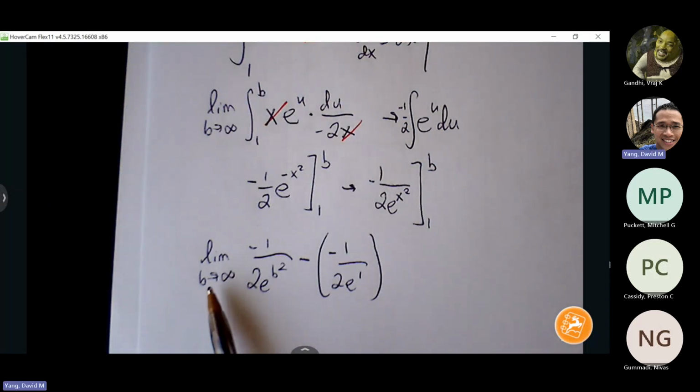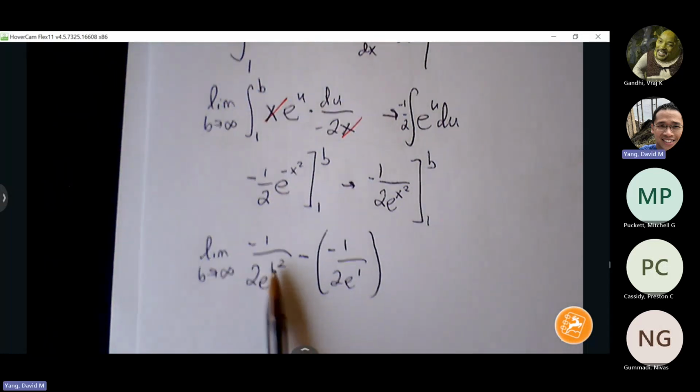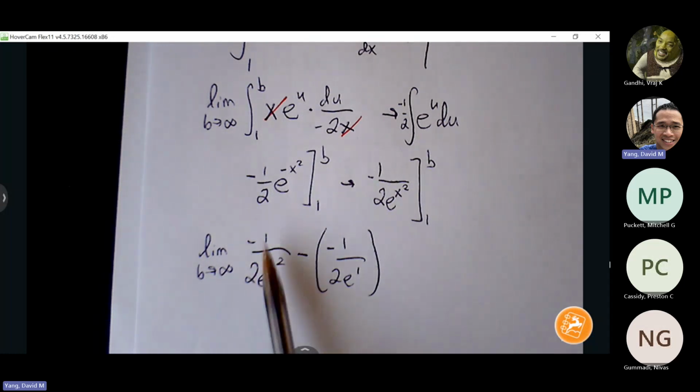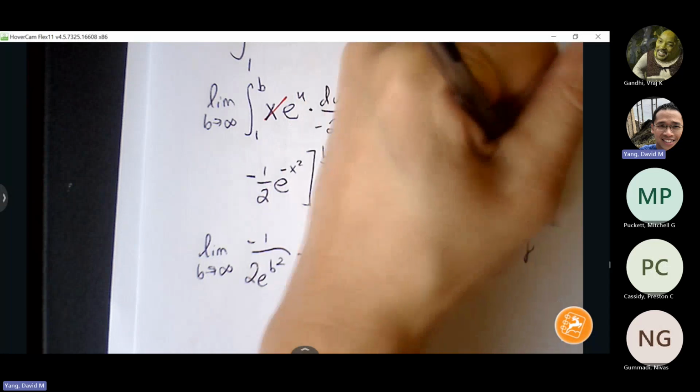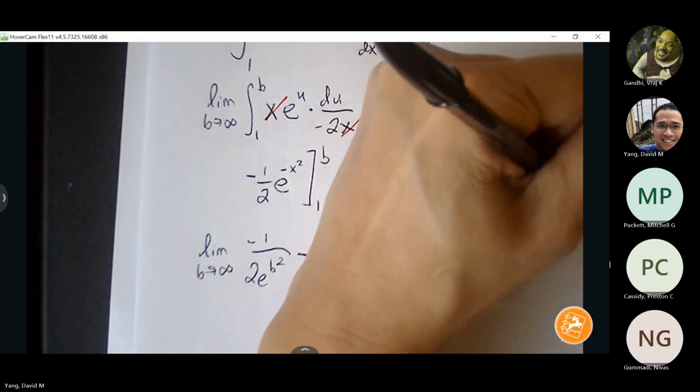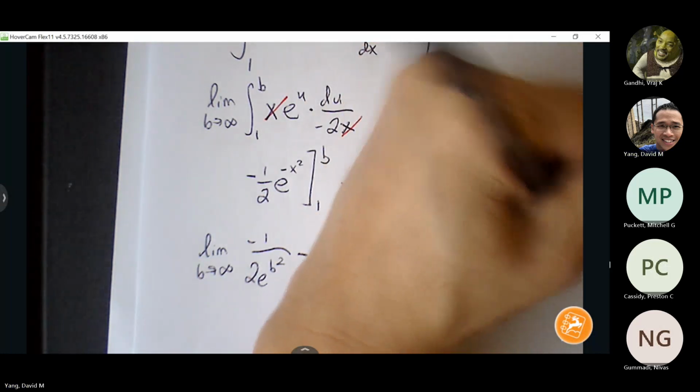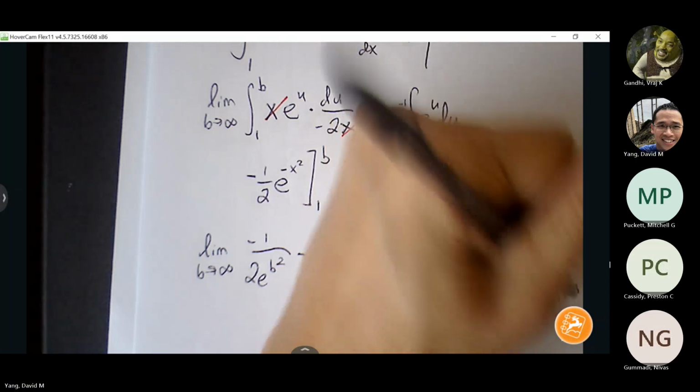So as b approaches infinity, we know that infinity in the denominator is going to force the fraction to get really, really small and approach 0. So 0 plus 1/2e is going to be 1/2e. That's a real number. So we can say by the integral test, the series converges.